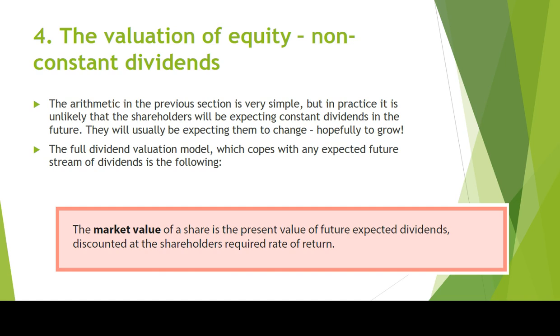So the full dividend valuation model, which copes with any expected future stream of dividends, is what we'll be seeing now. We'll look at the different models, including the Gordon growth model. It says the market value of a share is the present value of future expected dividends discounted at the shareholders' required rate of return.